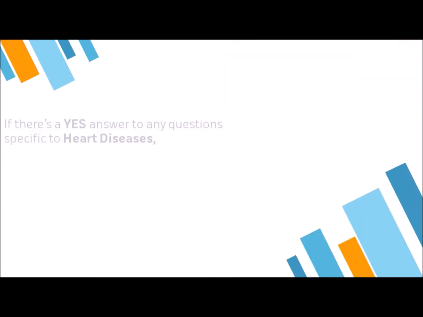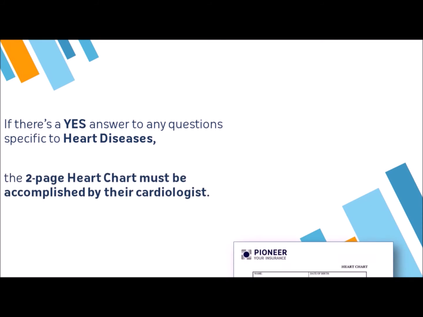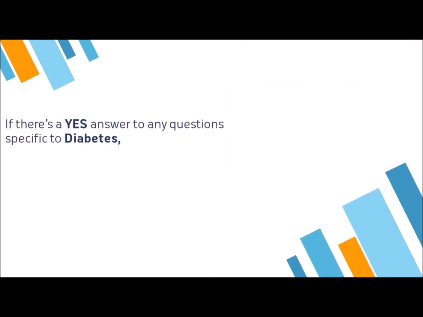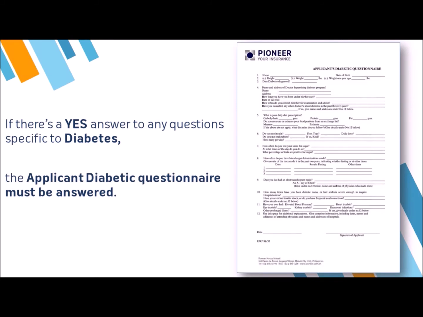If there's a yes answer to any questions specific to heart diseases, the heart chart must be accomplished by the client's cardiologist. If there's a yes answer to any questions specific to diabetes, the applicant diabetic questionnaire must be answered.